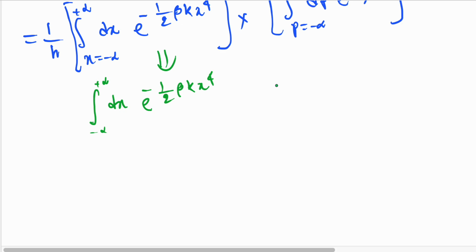Let's assume that beta k by 4 x to the power 4 equals z squared.